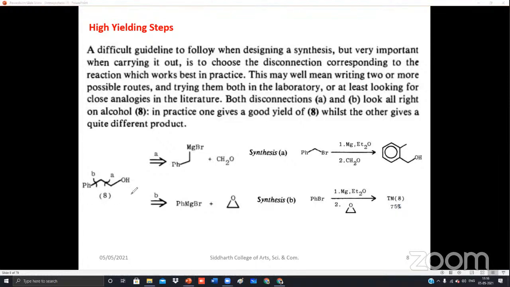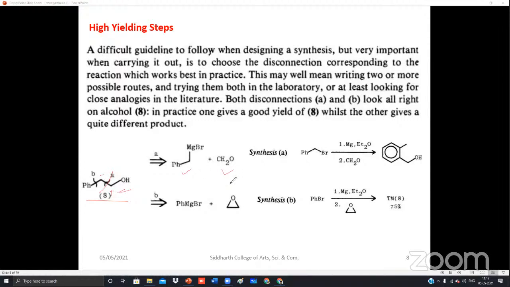So this is your alcohol. This alcohol, we target it in two ways. The first way I will show you by this A. So when I disconnect over here, I will have this positive charge, this negative charge synthons, and this will be the formaldehyde, and this is your benzyl magnesium bromide, that is your Grignard reagent.